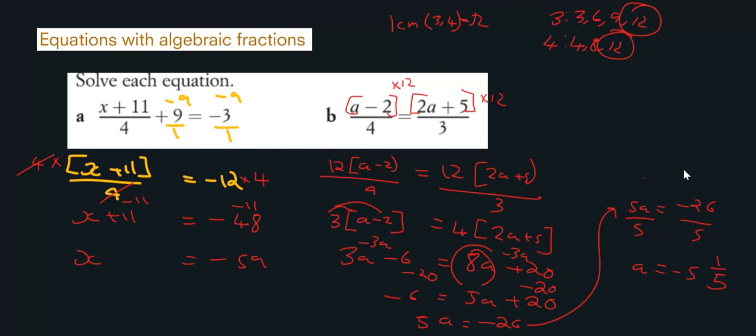We apply the distributive property. 3a subtract 6, 8a plus 20. We subtract 3a from both sides. 8a minus 3a is 5a. Then we subtract 20 both sides to get negative 26. And then we divide by 5 to get negative 5 and a fifth.